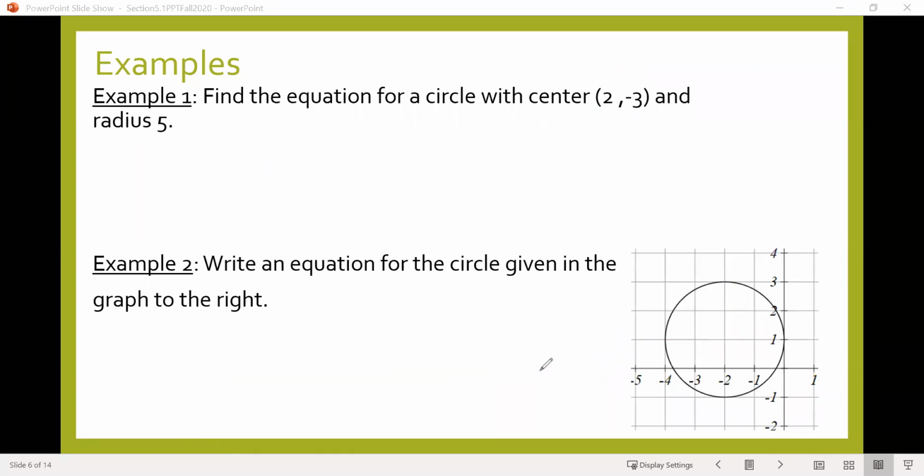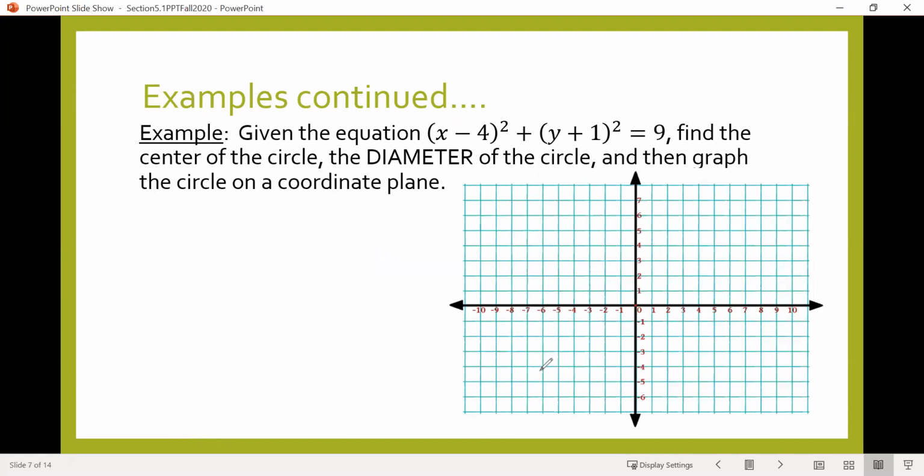Great. One more example. Here we're given the equation (x - 4)² + (y + 1)² = 9. We're asked to find the coordinates of the center of the circle, the diameter of the circle, and then they want us to graph it on the provided coordinate plane. And again, this might sound repetitive, but sometimes repetitive is good.